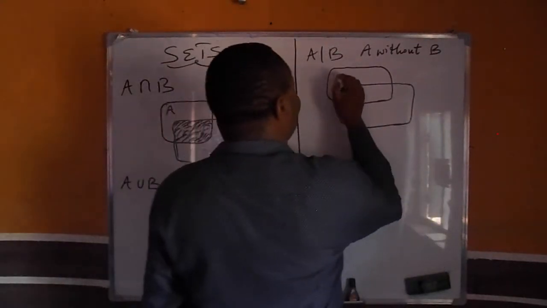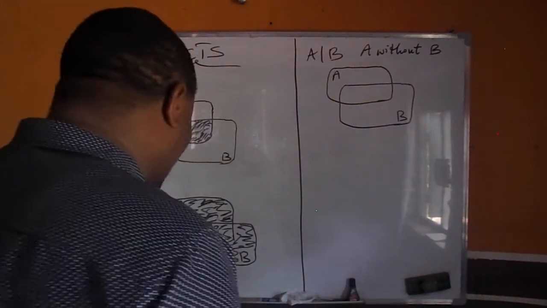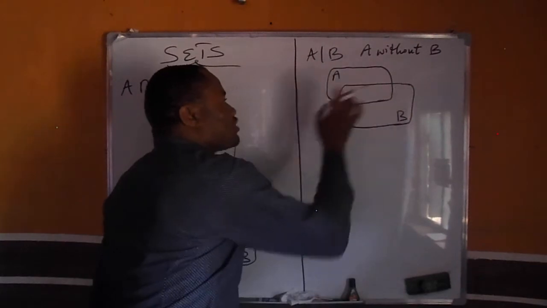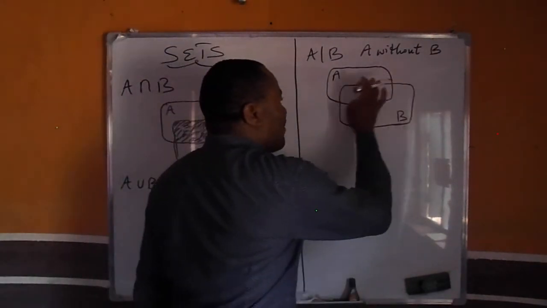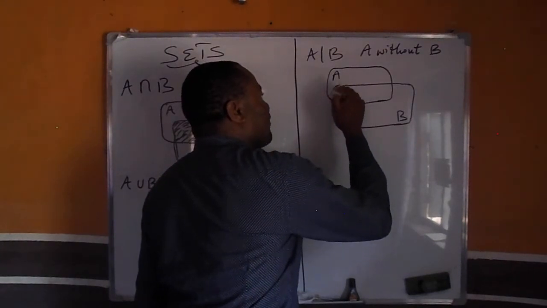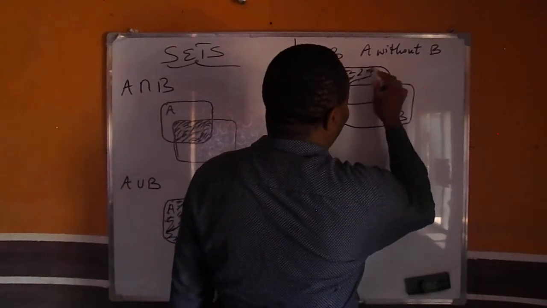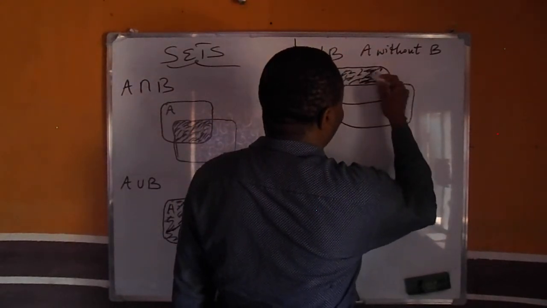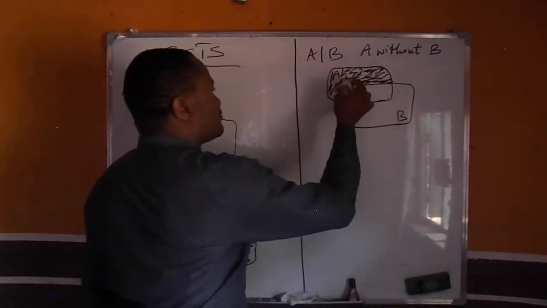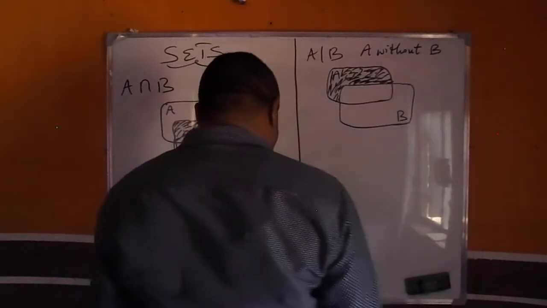We have this to be A, we have this to be B. This now says A without B. That means only A, B must not be covered. This is our B. So we make sure that it did not cover our B because it said A. This is it now, A without B.